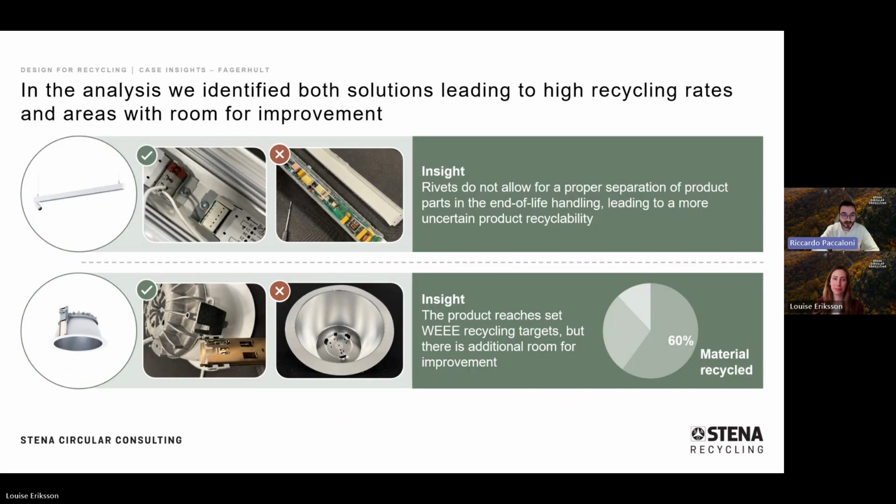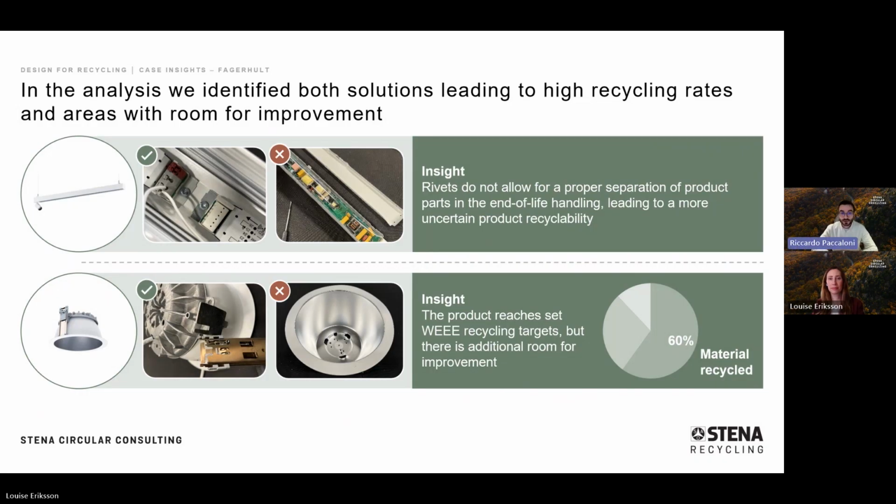Here we also wanted to share a little bit of insights that might come out of this assessment and specifically for the 2 products. In the analysis, we usually identify strengths that in this case led to high recycling rates, but also areas that need improvements. And here to the right side of the slide, you see some of those insights.